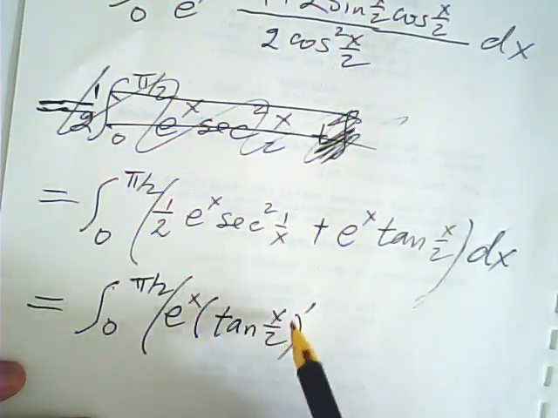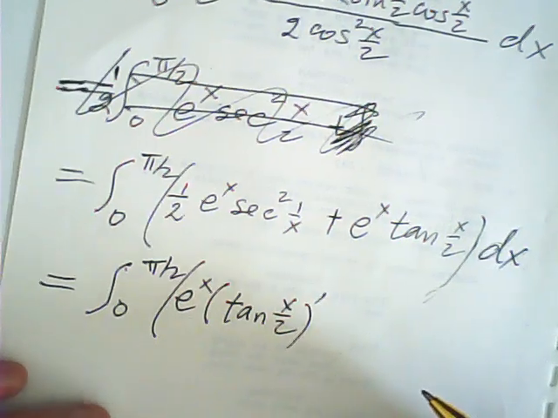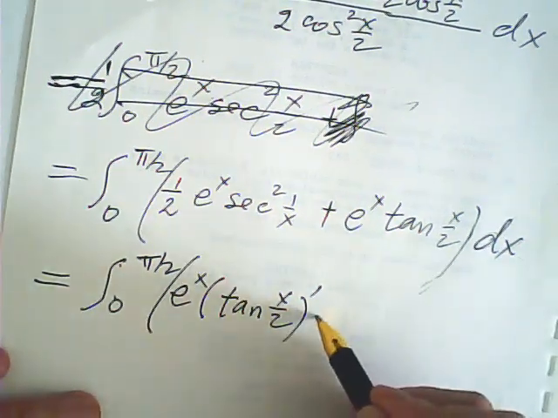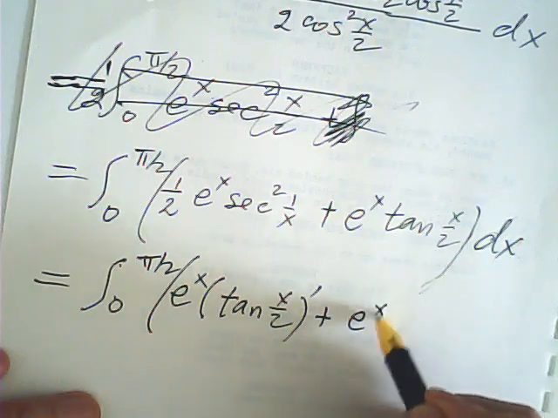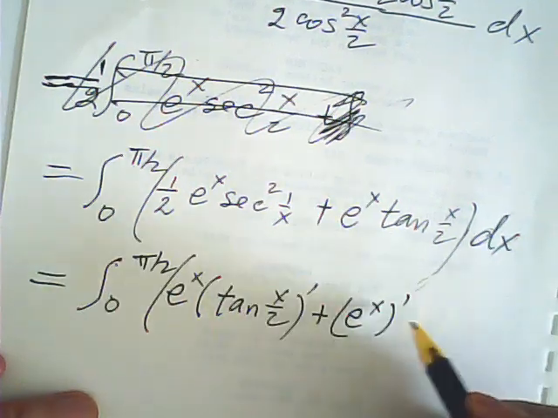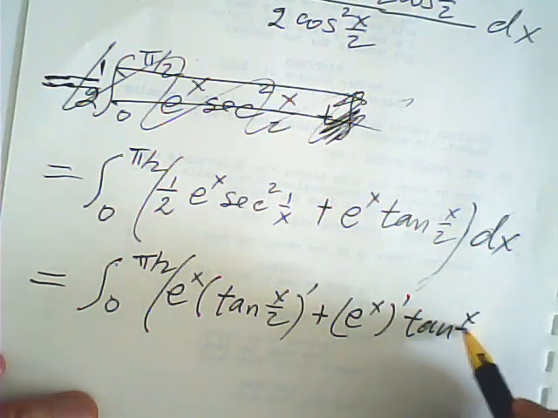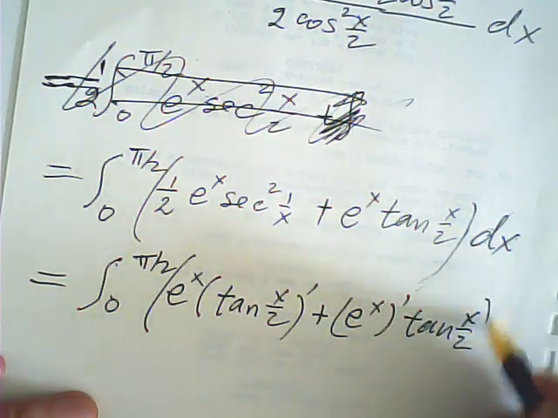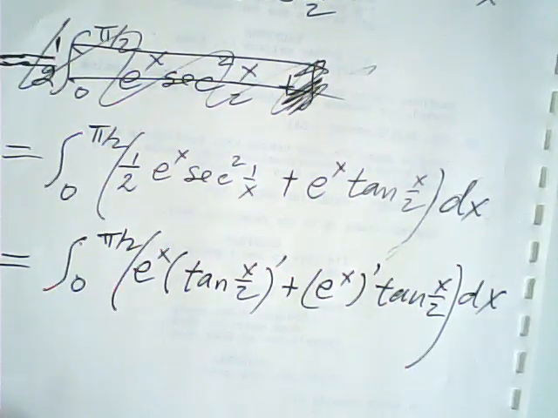This derivative is 1/2 secant square half x, plus e^x derivative times tangent half x, and then dx. Okay, good.